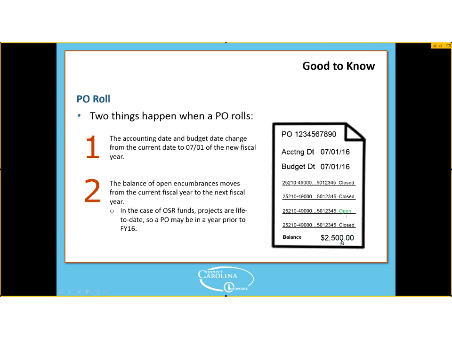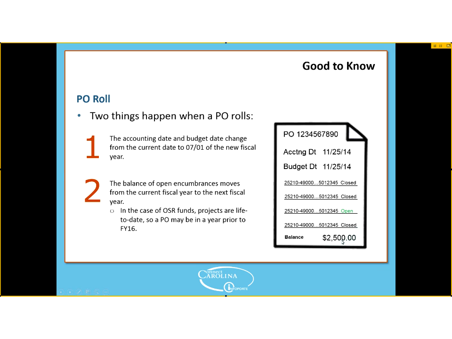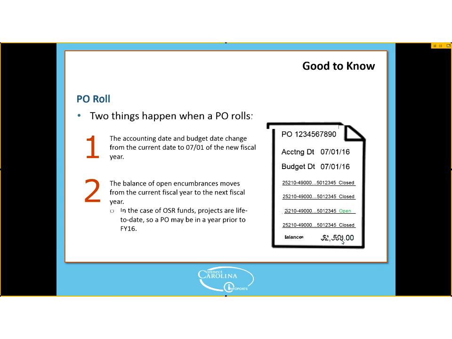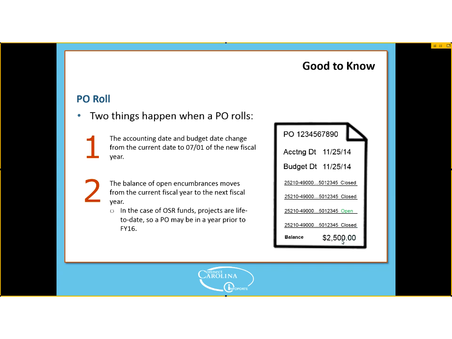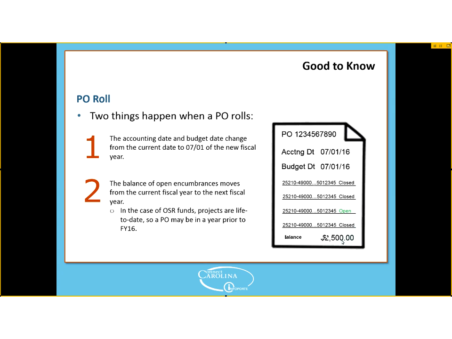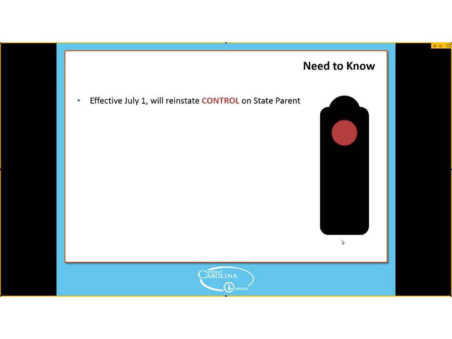Nothing else changed. Same line is still open. Balance is still the same. Look, you can believe me. See? There, 11/25/14, 7/1/16. Everything else stays the same. We're just changing the date, picking it up and moving it into the next fiscal year. Just want to mention that to you.